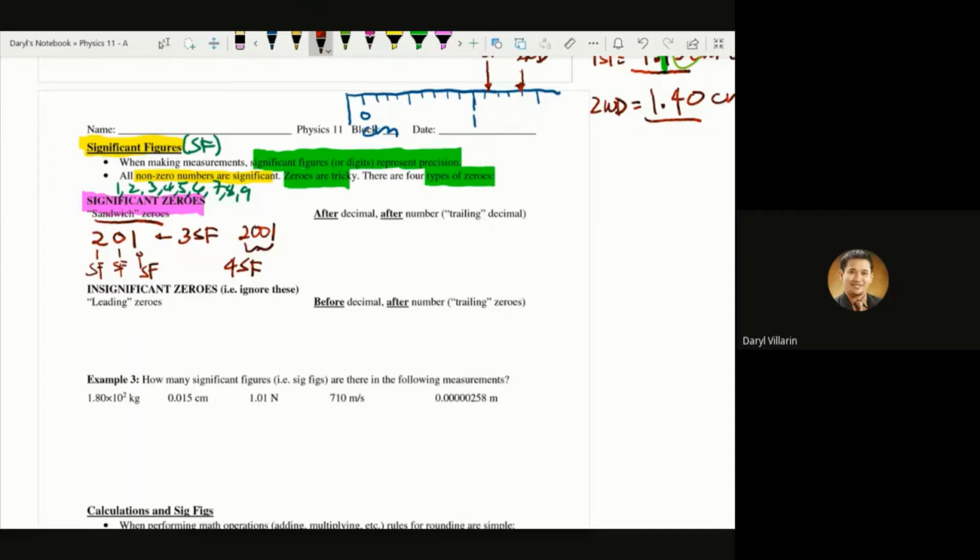And then trailing zeros, after the decimal and after a number. The second situation is zeros after a decimal and zeros after a number. These are called trailing zeros. In this particular case, let's say I'm just going to use an example here: 0.08.